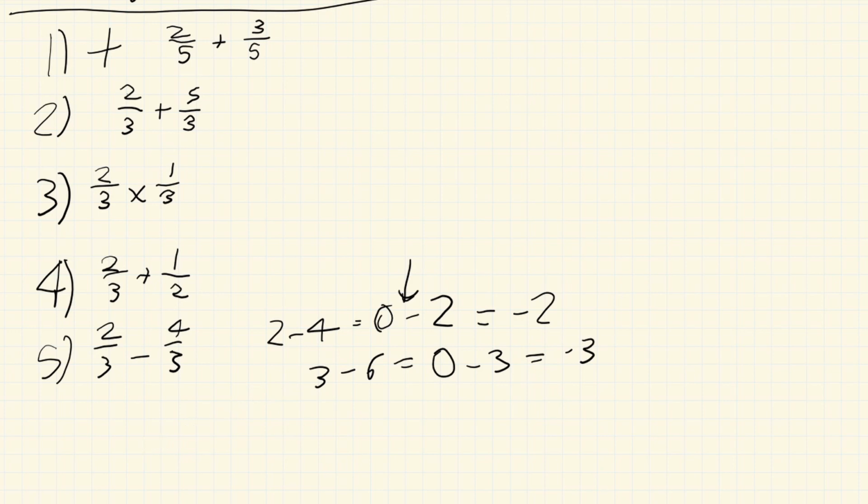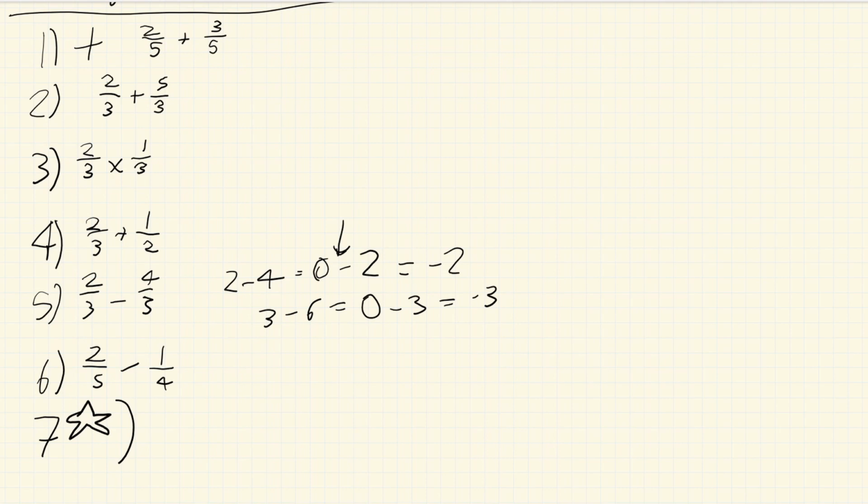So that's what we're using for this bit, taking away a number. And then you can also use this to do 2 divided by 5 minus 1 divided by 4. So you can just use the multiplication rule like you did with the addition, but then you're subtracting the second number instead of adding.